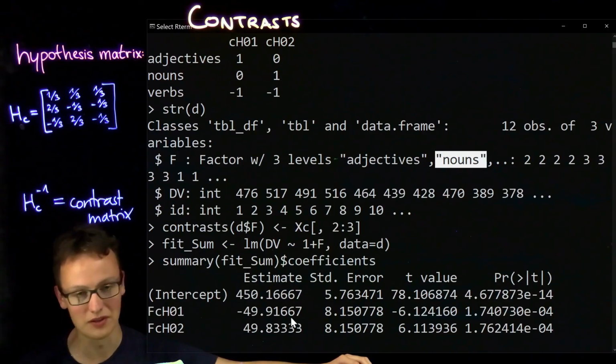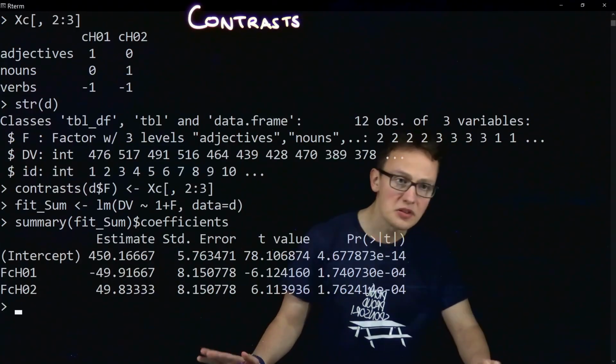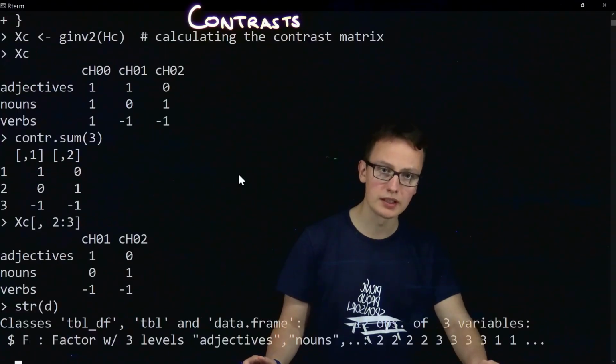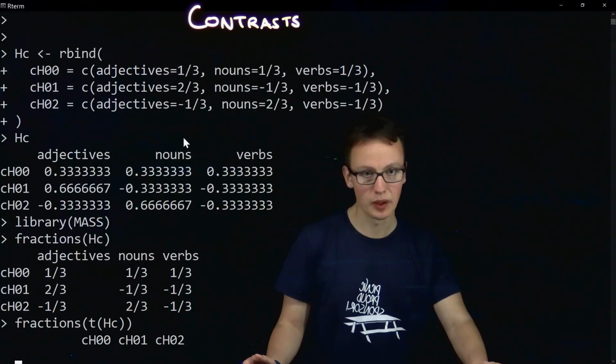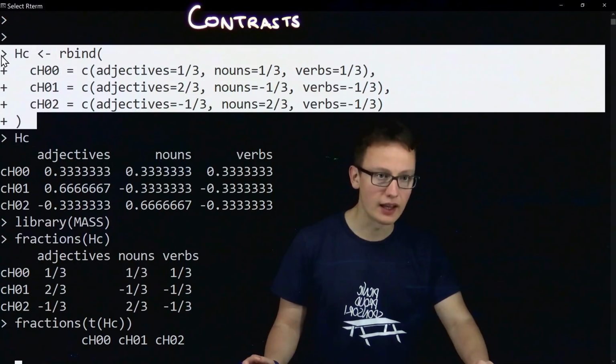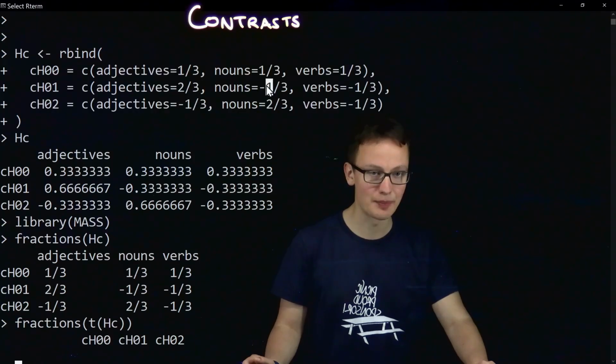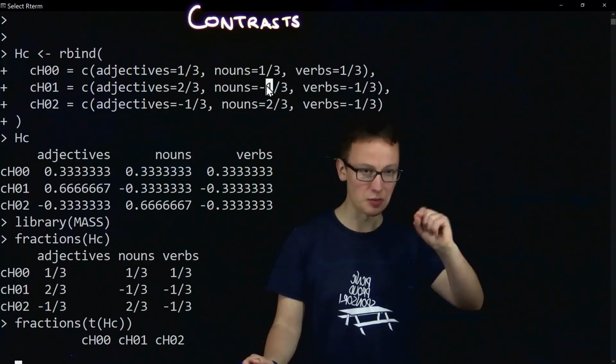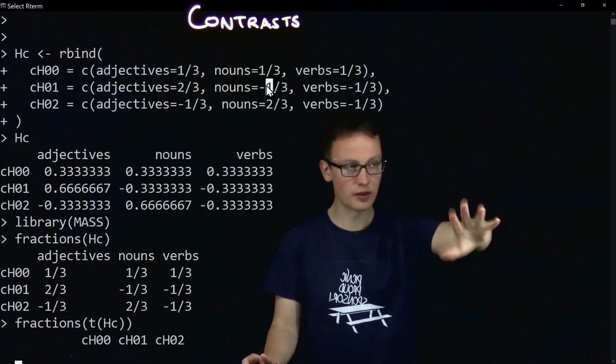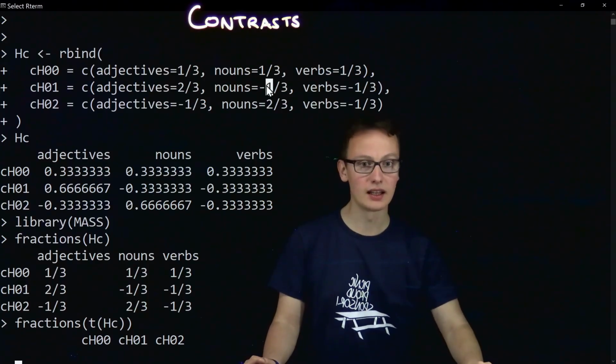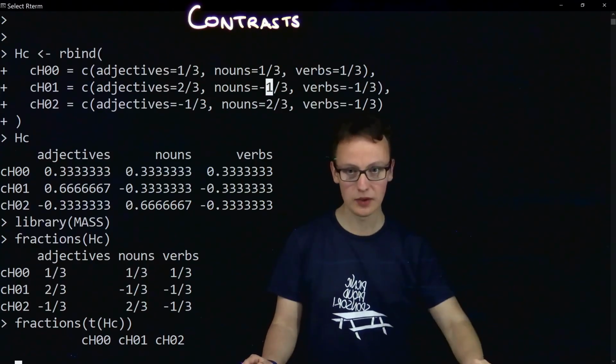So the rest is all the same as what we saw previously. So this is all cool and nice, but it's still a bit tedious. Well, we have to admit we had to define our hypothesis matrix by hand after figuring out what it should be, as we did here on the board previously, and then manually compute the inverse, yada yada.